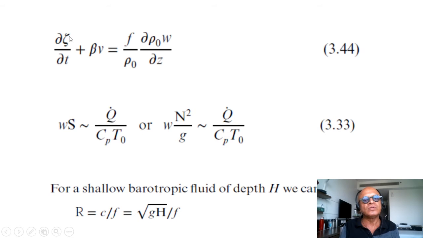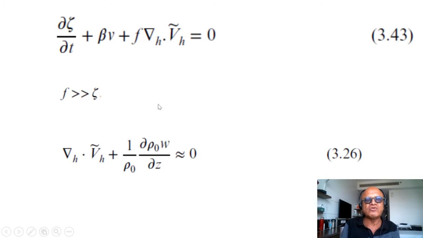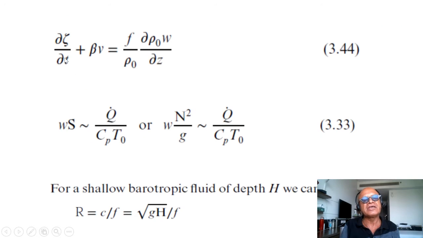Okay, so looking now at the balance using the continuity equation and the vorticity equation, we are replacing that term. Then we are getting a vorticity equation which relates to the vertical motions, and remembering again these relations for a shallow barotropic fluid of depth h.